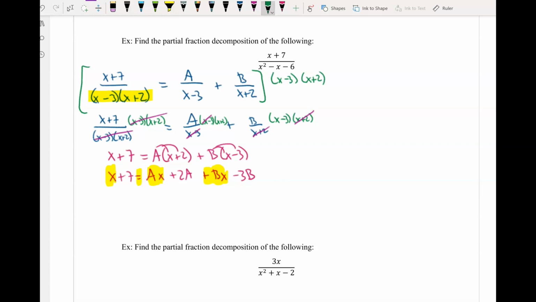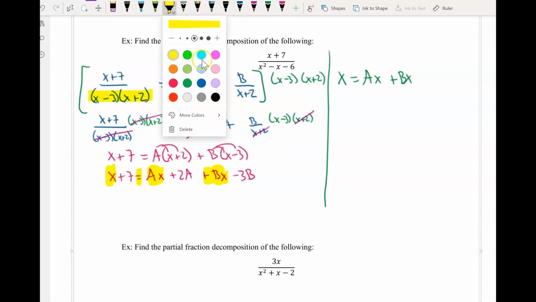So if you think about it, let me write it up here. This x is equal to this ax and this bx. Okay? Because if this is really an equality, this left-hand side should equal whatever has an x on the right-hand side. And we're going to do the same thing to the other side.